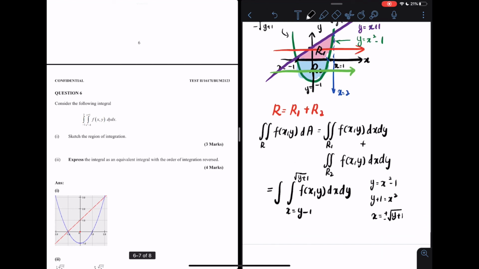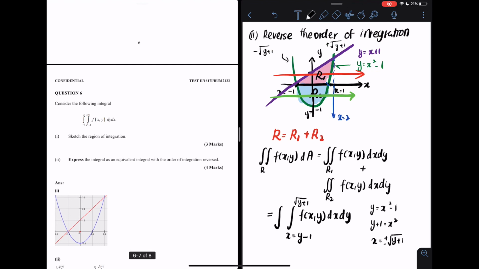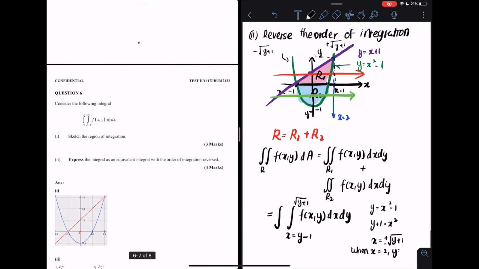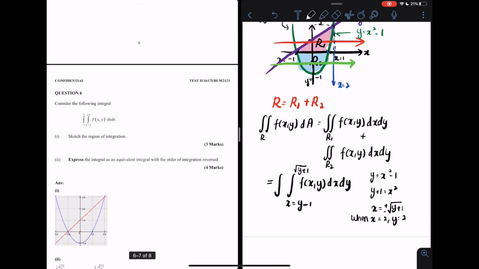And then the lower and upper limits with respect to variable y. You look at this value over here. We know already that this value represents x is equal to 2. Therefore, when x is equal to 2, y is equal to, either expression will give the same value for y, which is 2 plus 1, 3.